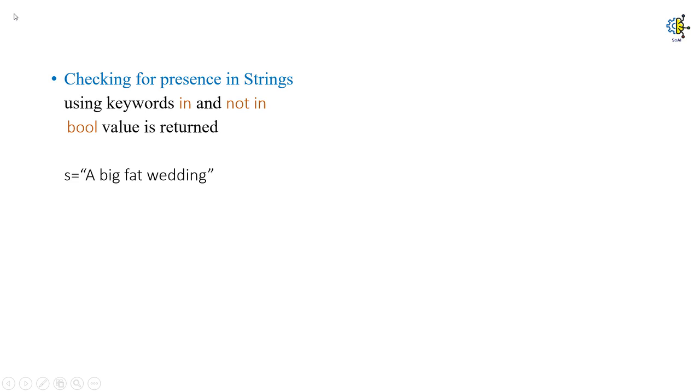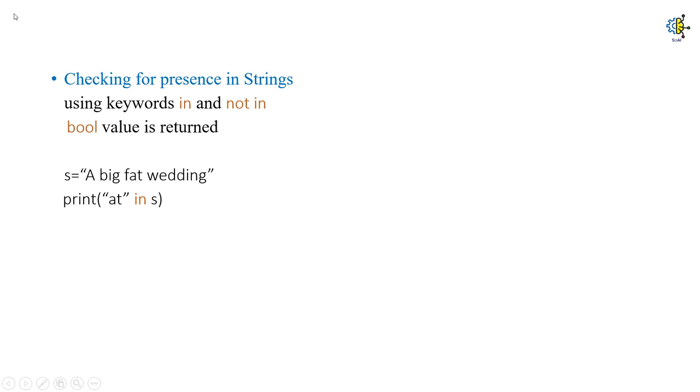Now we can also check for the presence of a text segment or a string segment in an existing string. This is done with the keywords in and not in. This will return a bool value, which is true or false. For example, here I have a string called a big fat wedding, and I want to check if the text at is present inside this string.